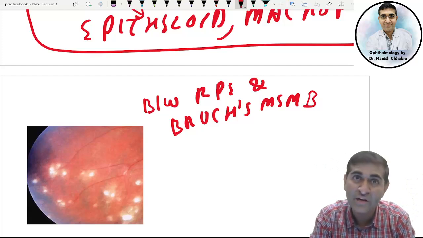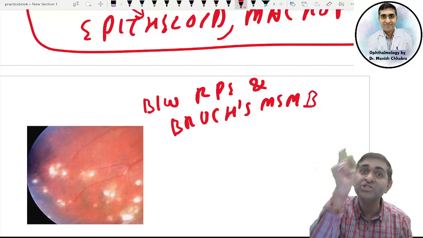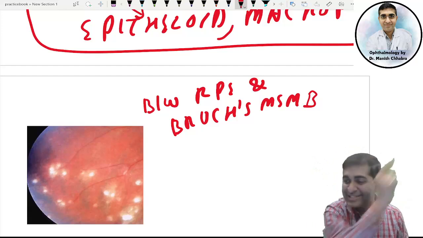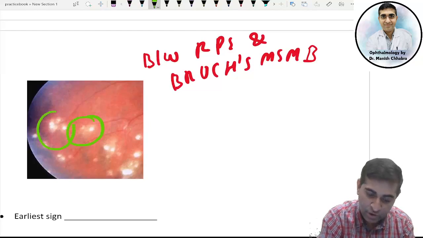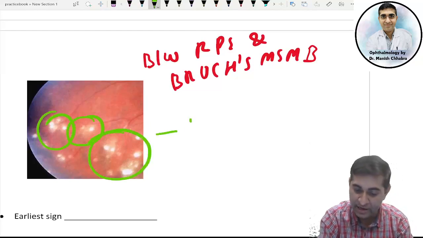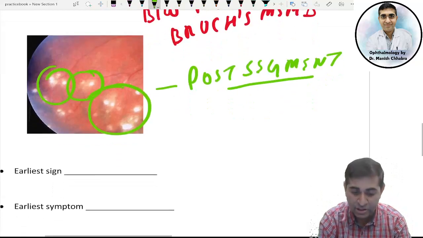Most of you will say, sir, conjunctiva. No, my dear friend, outside the sclera there is no conjunctiva, there is Tenon's capsule, then there is conjunctiva. Okay, and these are your Dehlen-Fook nodules. They are present in the posterior segment, because they are at the sub-RPE region.